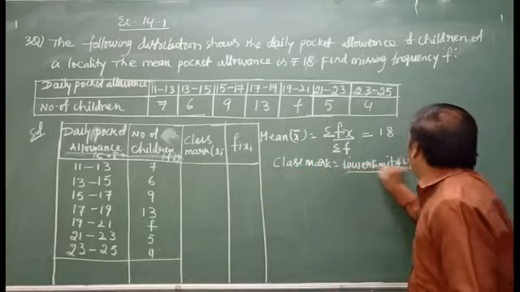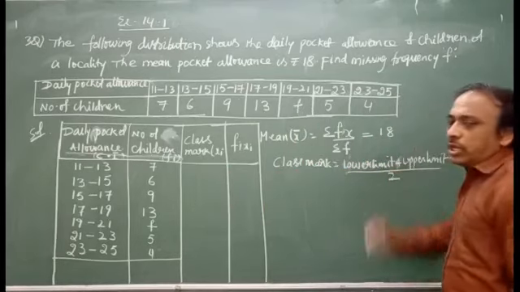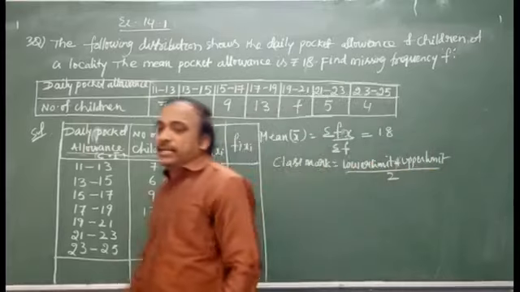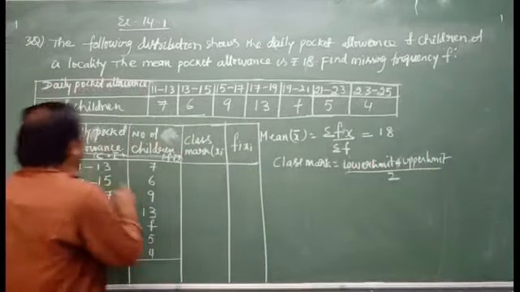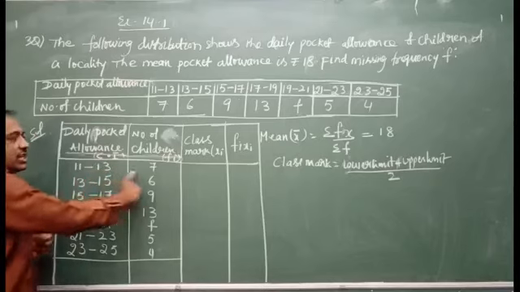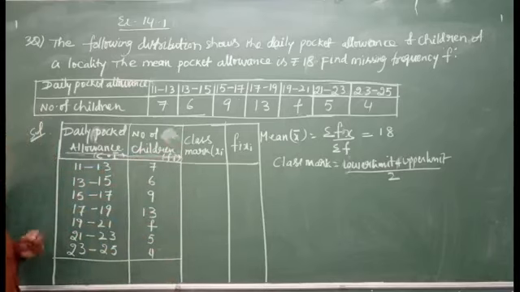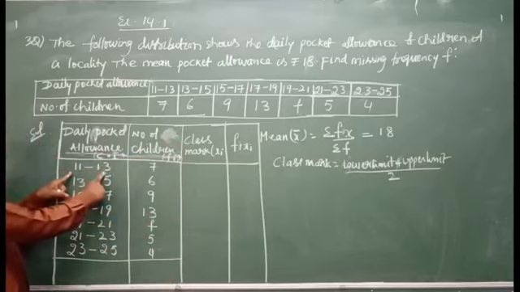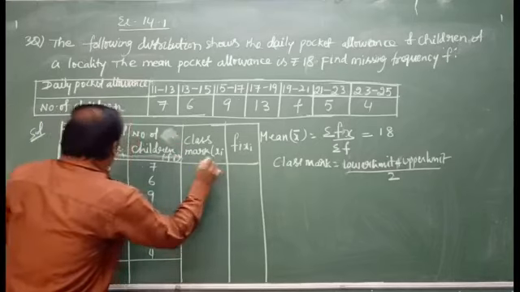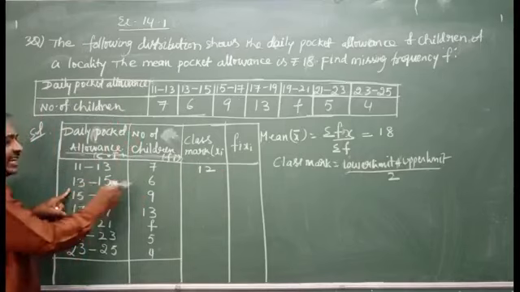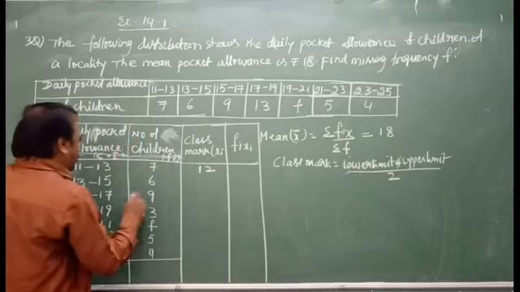Now 11 plus 13 is 24, 24 divided by 2 is 12. Next, 13 plus 15 is 28, 28 divided by 2 is 14.